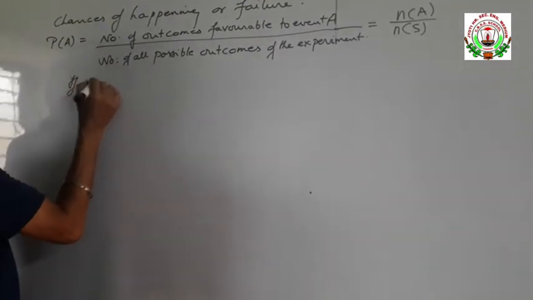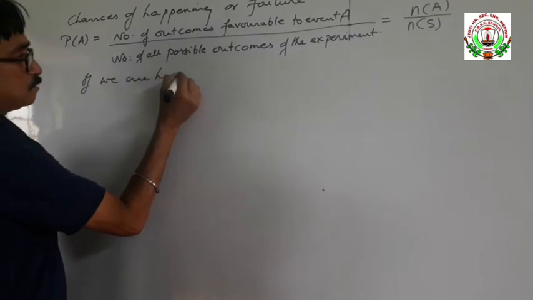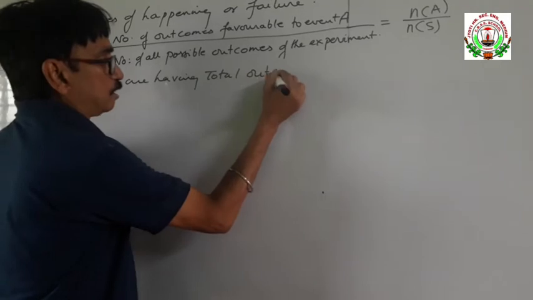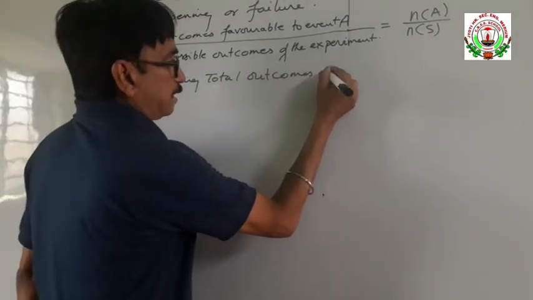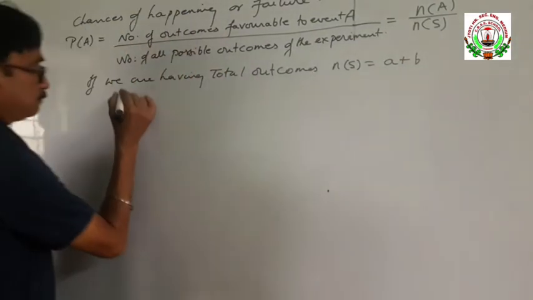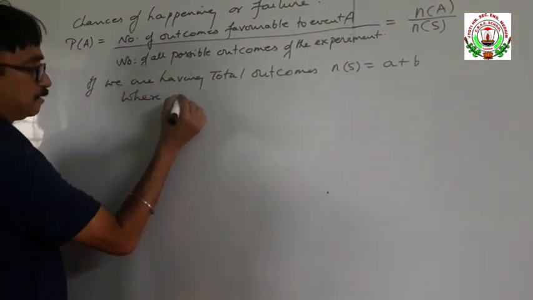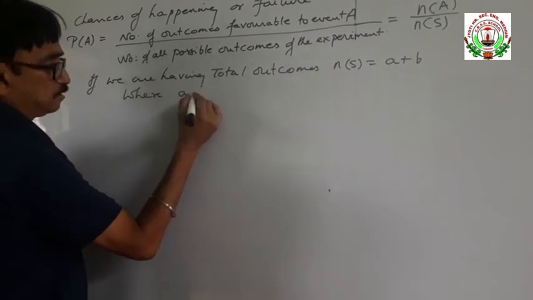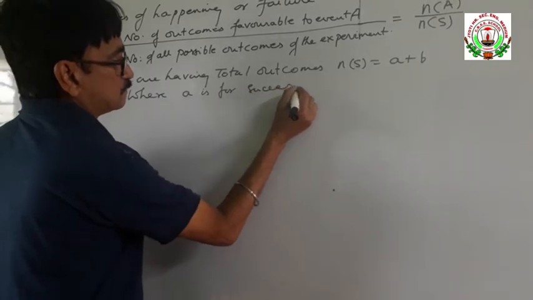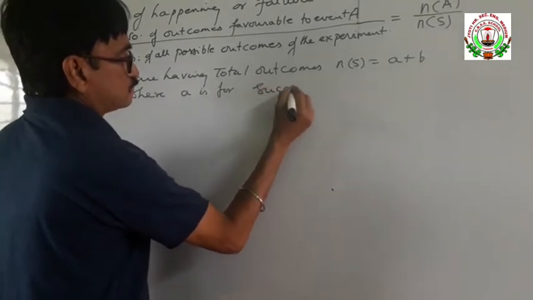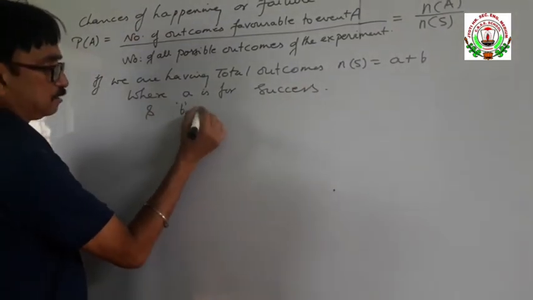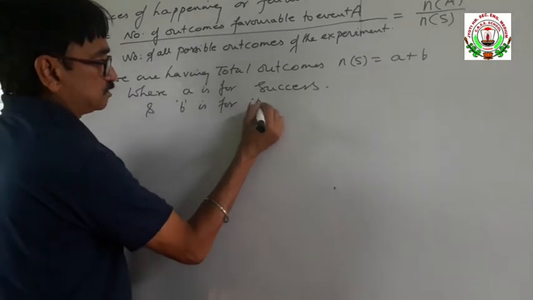If we are having total outcomes, that is n of S equals a plus b, where a is for success and b is for its failure.